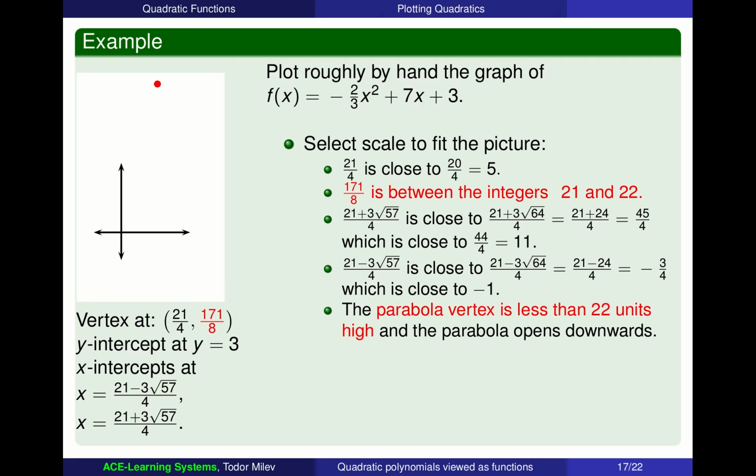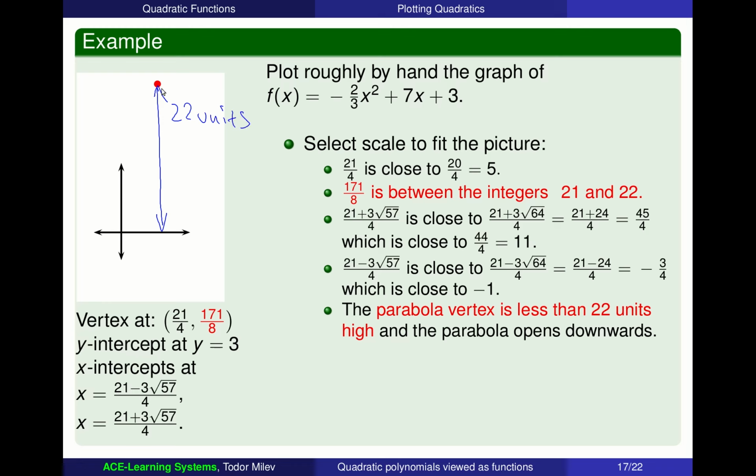So the vertex of the parabola is less than 22 units high, and the parabola opens downwards. So what we can do is we can apply a scale. So this distance here is going to be about 22 units. Now I've actually used the computer.